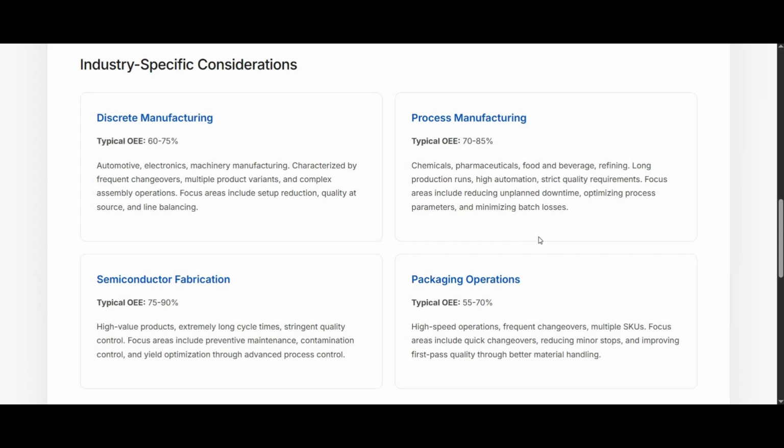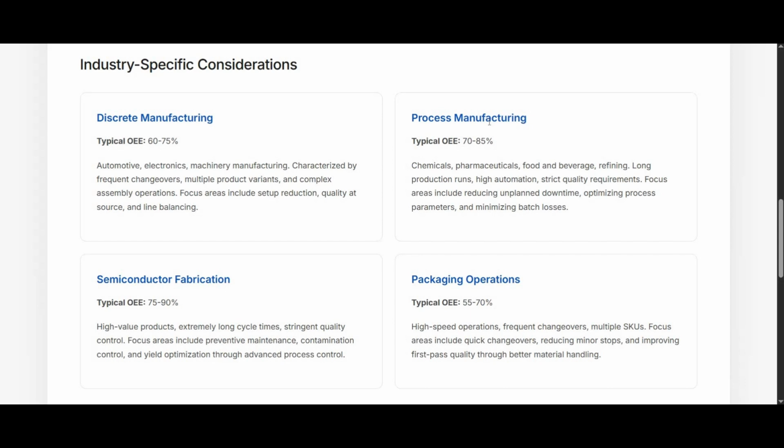Moving to process manufacturing, think chemicals or food and beverage or other things. These industries have long, continuous runs and extremely tight quality controls. Typical OE ranges between 70 and 85%.